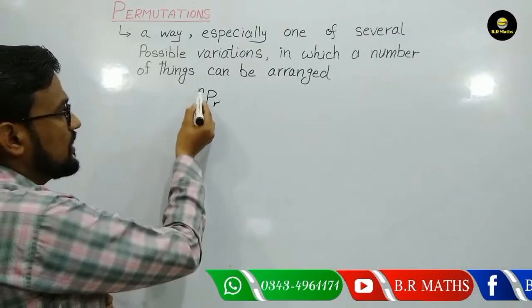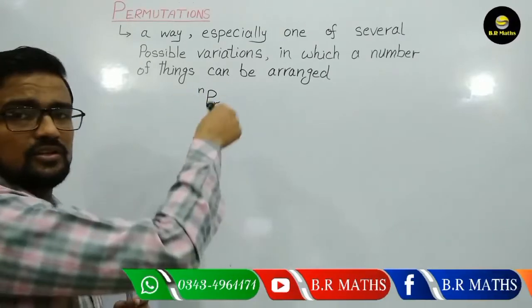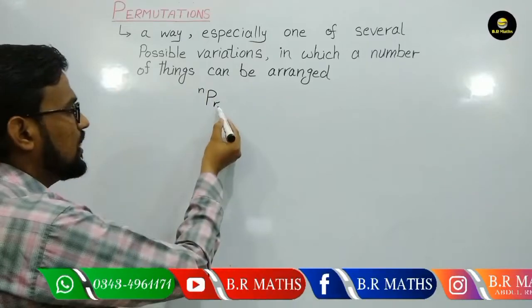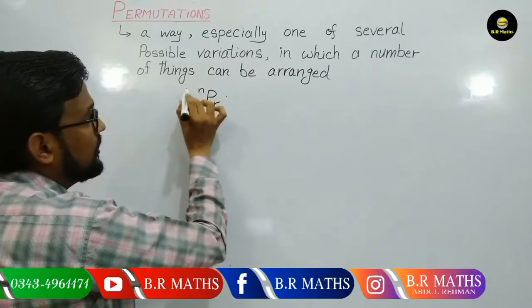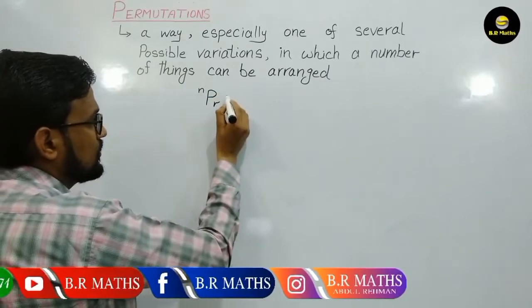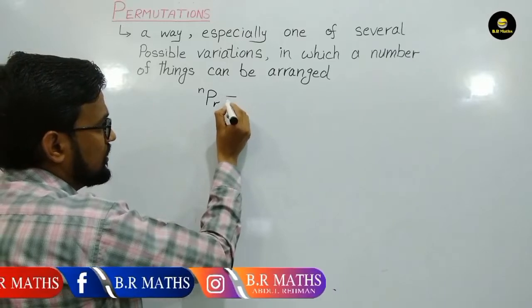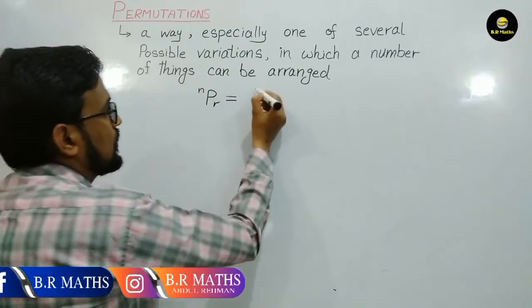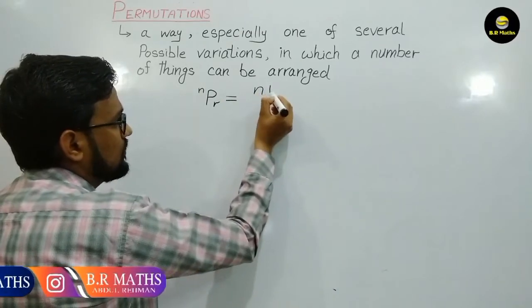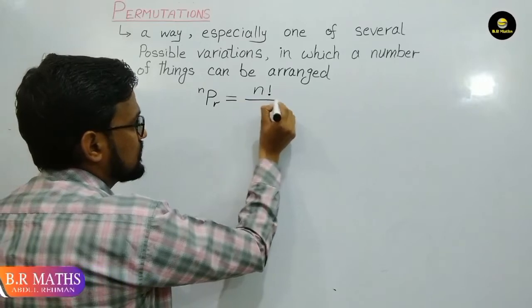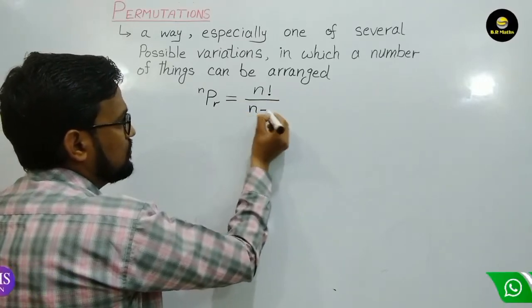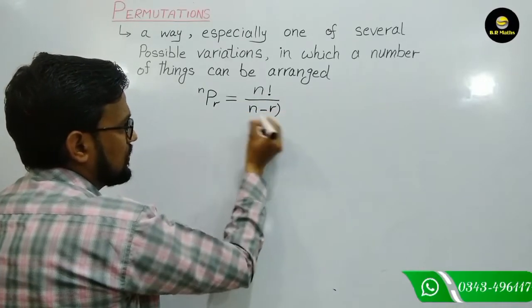It means n is the total number of outcomes and r is the number that can be arranged. So the formula is n factorial divided by (n minus r) factorial.